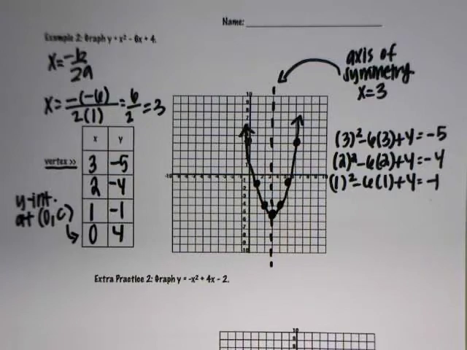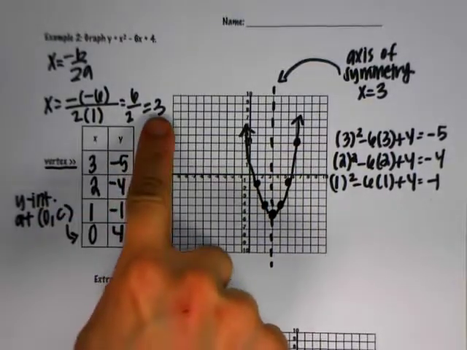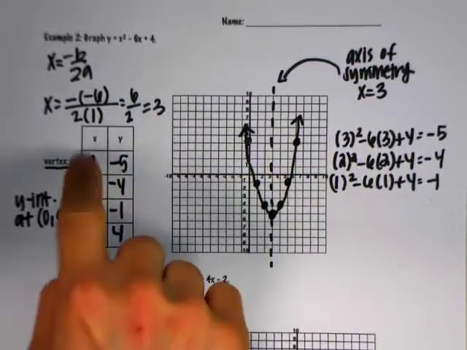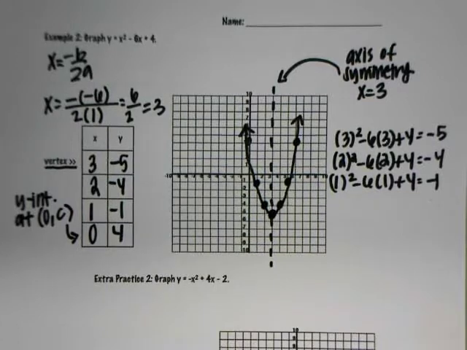Do you always do 3, 2, 1, 0? No, you have to find the vertex first with this formula, and you base those numbers around that. Once you know what that is, say it's 2, then either go 3, 4, 5, or go 2, 1, 0, -1. Either count up or count down from 2.